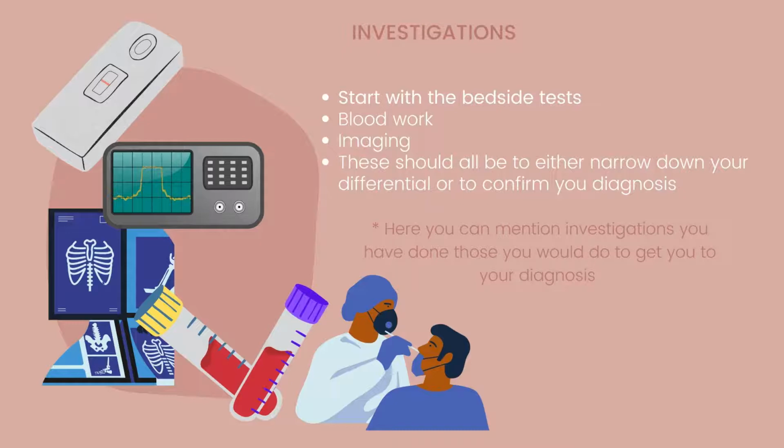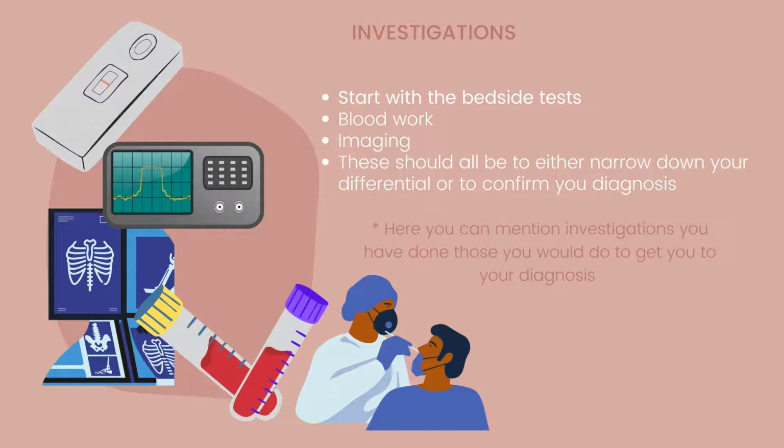Other investigations that you can also do really depends on what the patient has, what you think the patient has. Those investigations will be tailored towards that. So, for example, blood work such as an FBC, a full blood count, a differential blood count, or looking at specific antibodies or serology. Also, imaging is really important as well, such as chest x-rays, CT scans, really important in narrowing down your diagnosis.